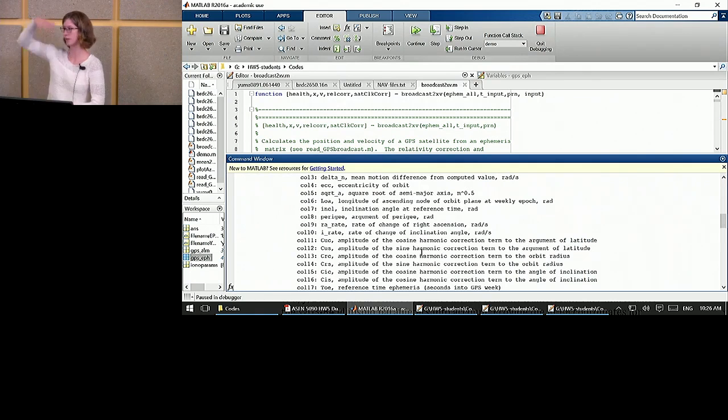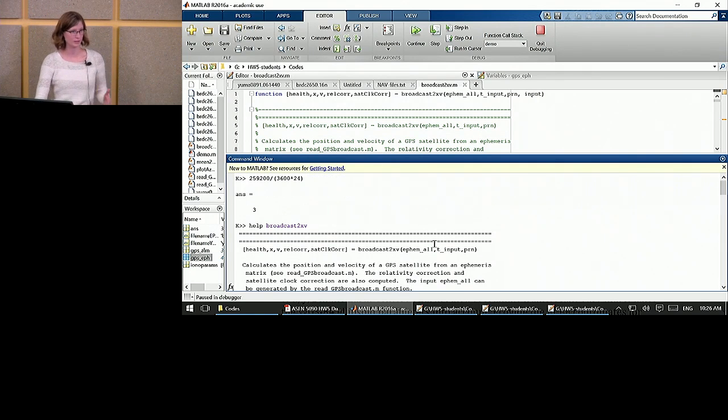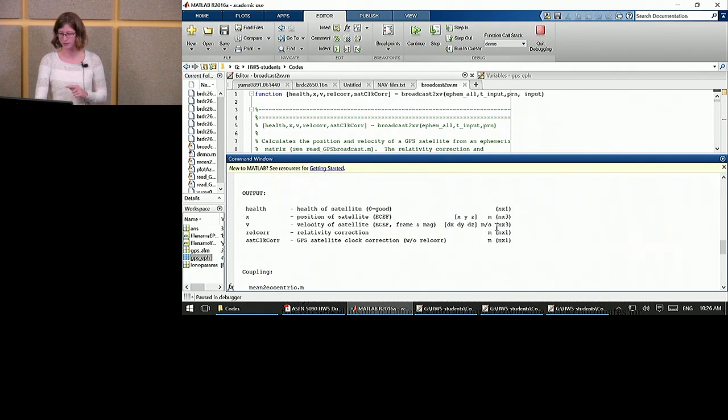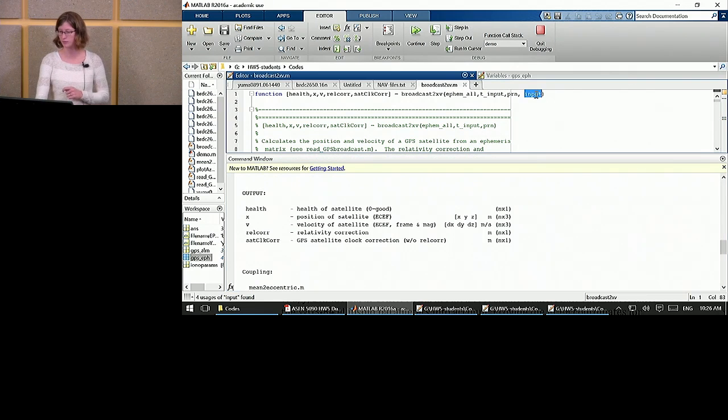It's essentially just the comments at the beginning of the file, giving you the inputs and outputs. This takes an ephemeris matrix, a time input and a PRN, and that's actually not updated because it also has another input, since I modified this file to take either an almanac or an ephemeris. What this does is say that I want to give you any time.